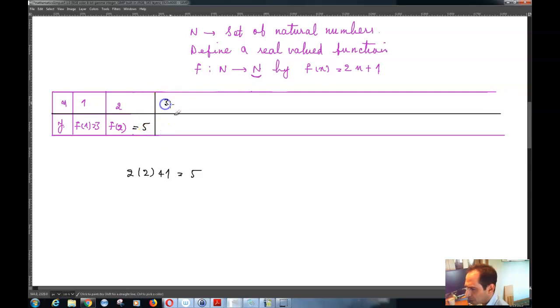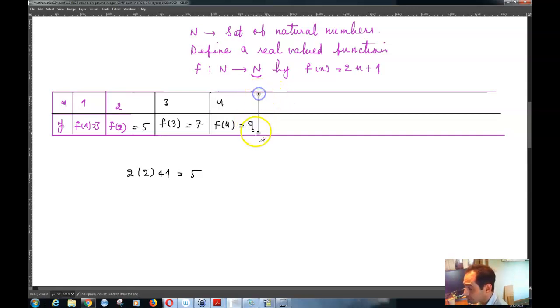Now if x is equal to 3, then f of 3 would be 2 times 3, which is 6, plus 1, equal to 7. If x is equal to 4, then f of 4 is equal to 8 plus 1, which is 9.